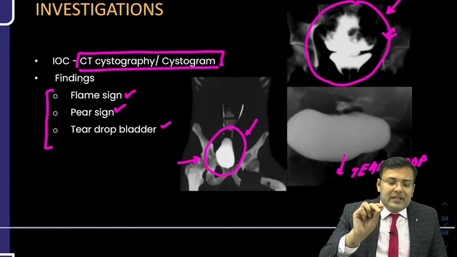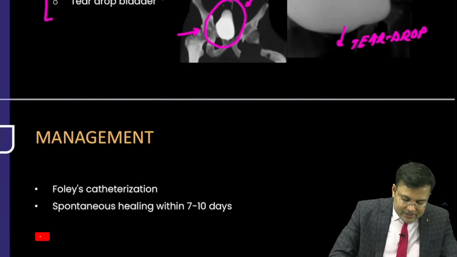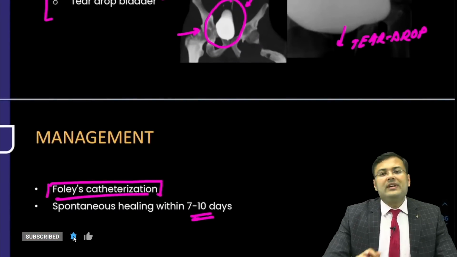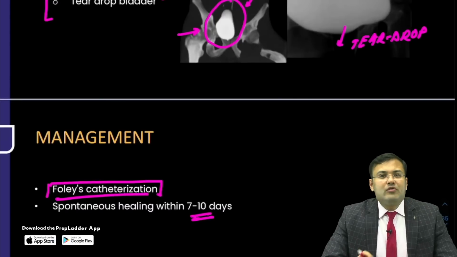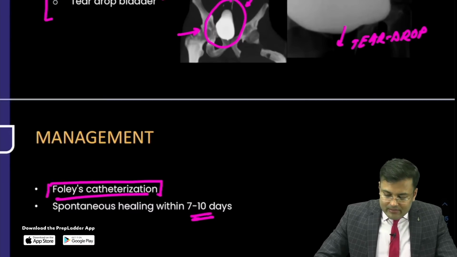Just insert a Foley's. We decompress the bladder by Foley's catheterization, and in the majority of cases spontaneous healing occurs within 7 to 10 days. Clear? So this is how we manage extraperitoneal bladder rupture.